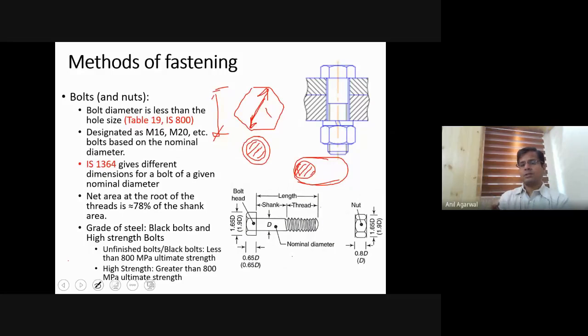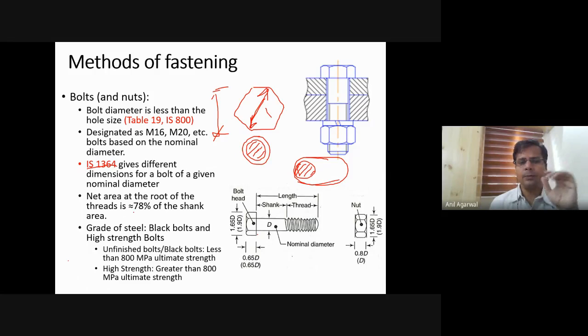Both these dimensions are specified. Similarly, how much is the length of this shank, how much is the length of the thread, what is the thickness of the bolt head, all those are specified in this particular code for each and every bolt. So these bolts have to follow these standards. Any bolts that are sold in India have to follow these standards.